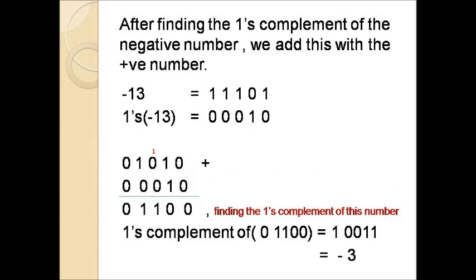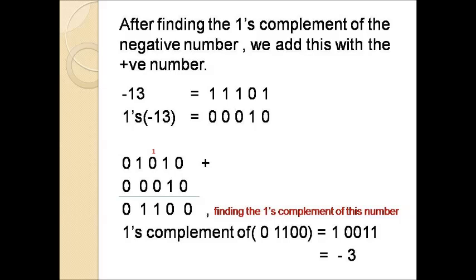After that, we have to find the ones complement of the negative number, that is minus 13, and you can see the binary equivalent of minus 13 and its ones complement.